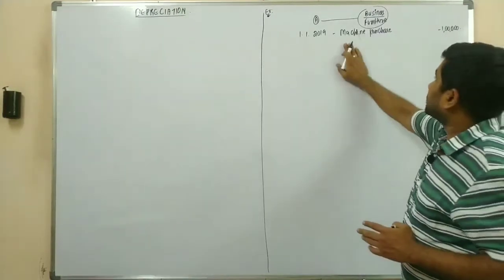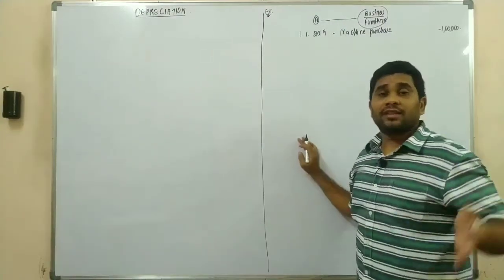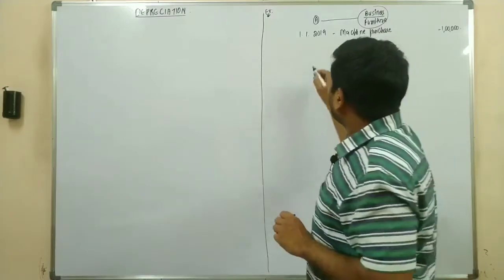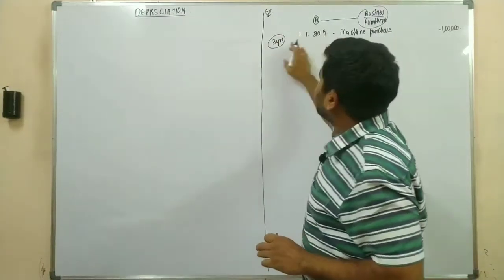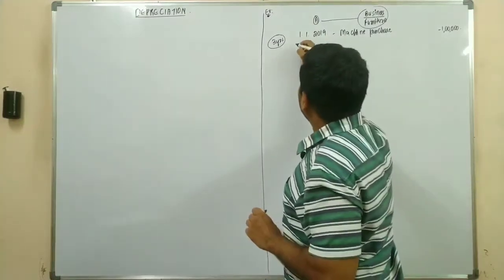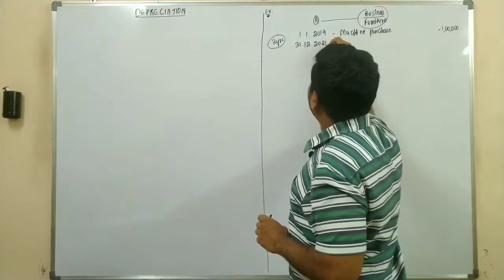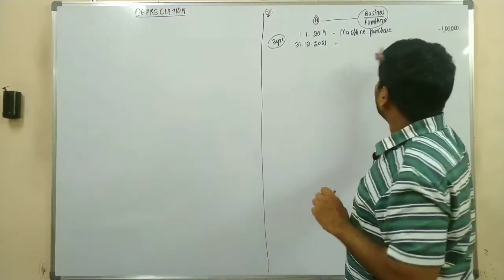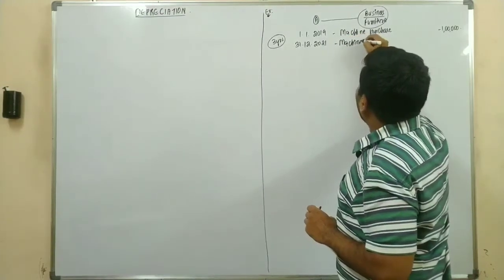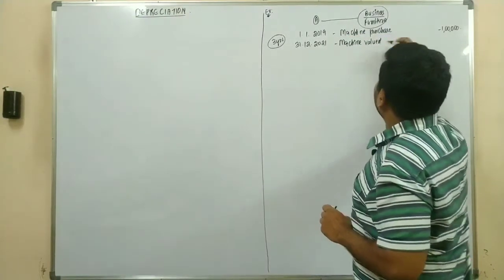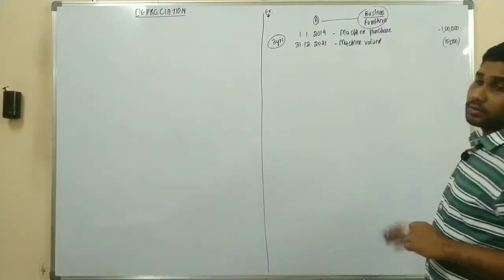Mr. A has purchased a machine for 1 lakh rupees, and after using that machine in the business for 3 years, that means on 31st December 2021, the same machine which was purchased for 1 lakh was valued at 10,000 rupees by an independent valuer.